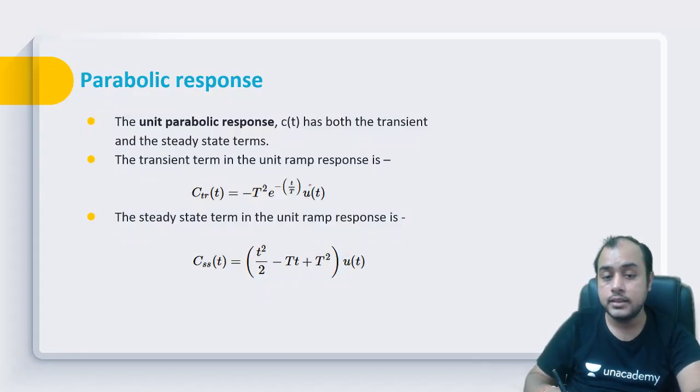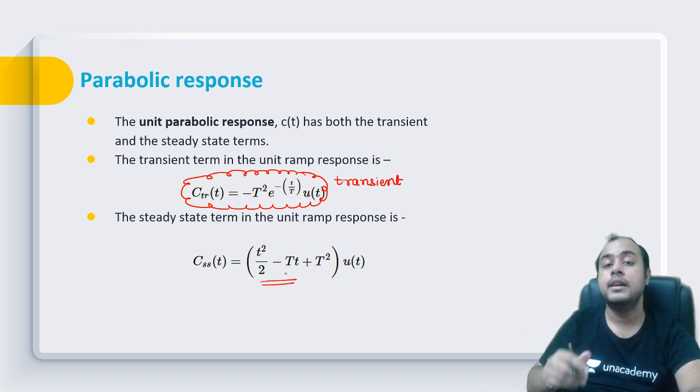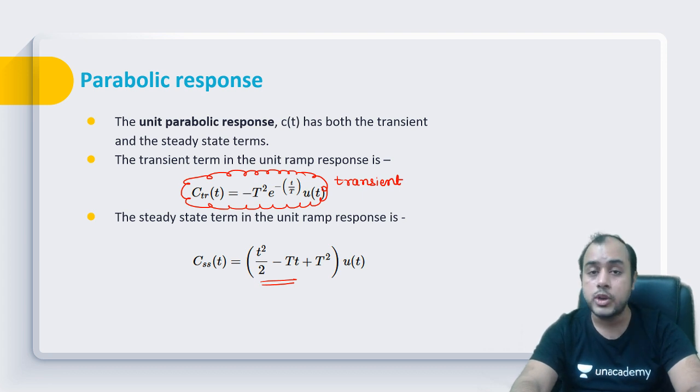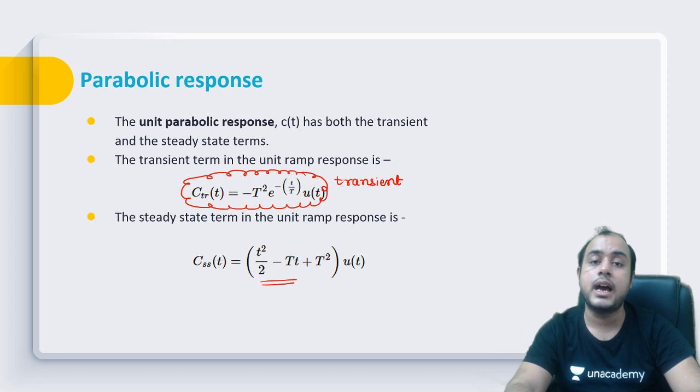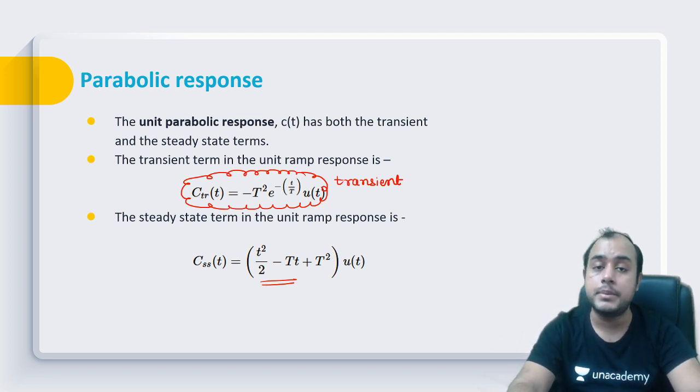So again, the exponential term that you are seeing will be the transient term. The steady state term is the one which does not become 0 at infinity. The exponential term goes to 0, that is, it dies out. Whatever term dies out is actually a transient term, and whatever term is sustained is the steady state.